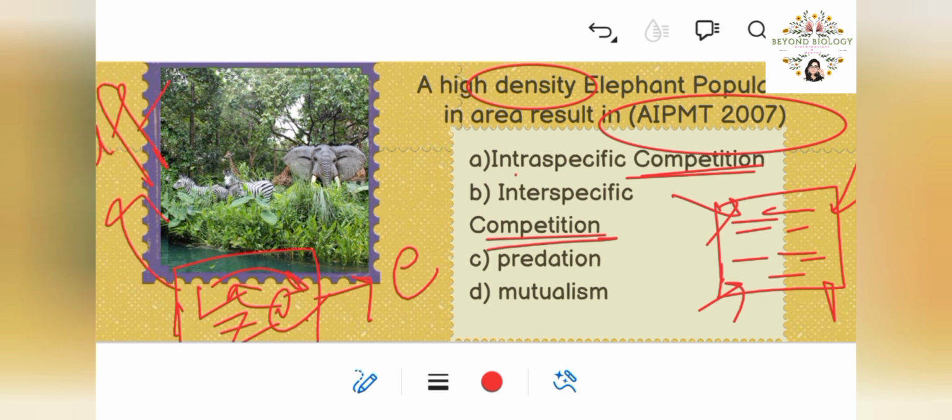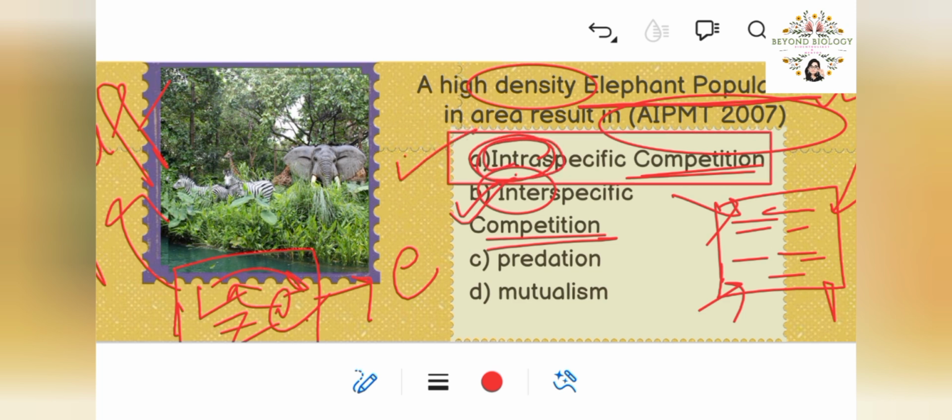So that competition was interspecific, because it is of different species. But here in this case, the elephant population is of the same species. So it is going to be intraspecific competition. The right answer is intraspecific competition.